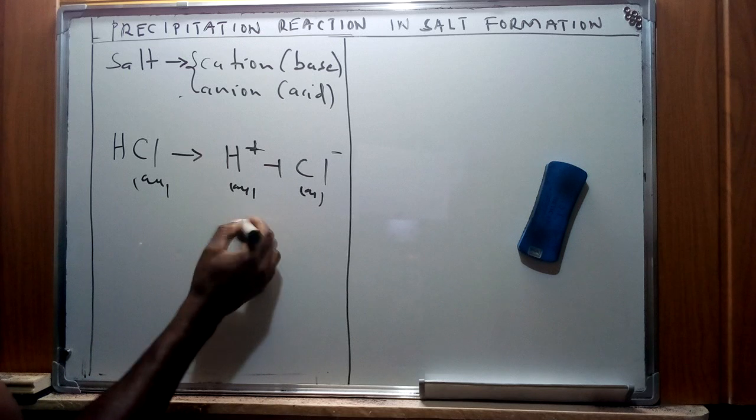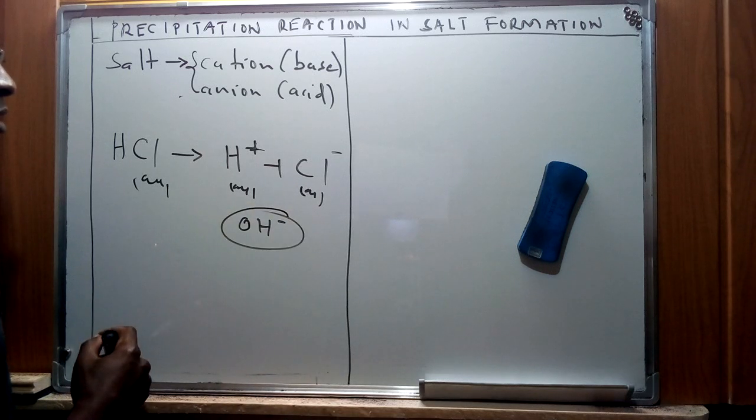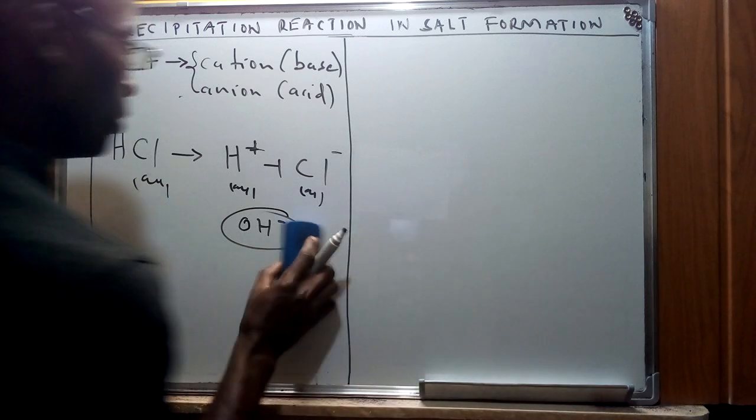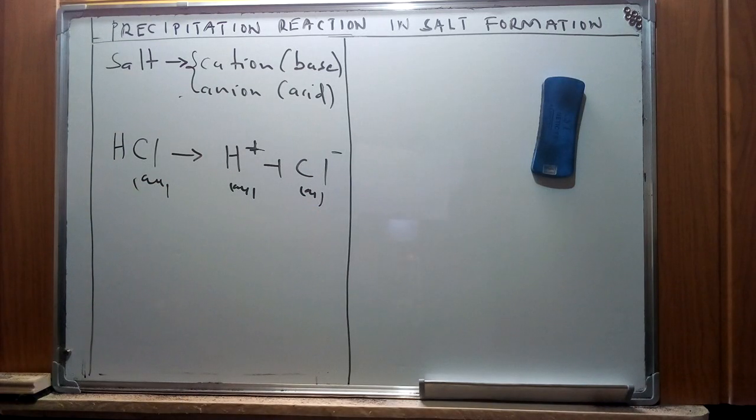Of course, there will be others like OH that will be present because of the aqueous nature, but we're going to look at the ions of our interest. So from the second statement that I've given, I've said that salts are formed when hydrogen ions in an acid are wholly or partially replaced by a metal ion or ammonium ion, either directly or indirectly.